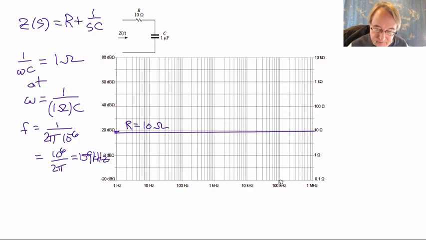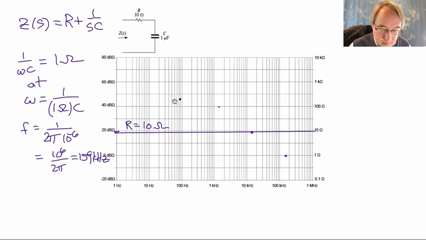Okay, let's see, 159 kilohertz is right about there. 1 ohm would put us right about there. So we'll draw a line that goes through that point with a slope of minus 20 dB per decade. So if I go down a decade in frequency, we would go up 20 dB.